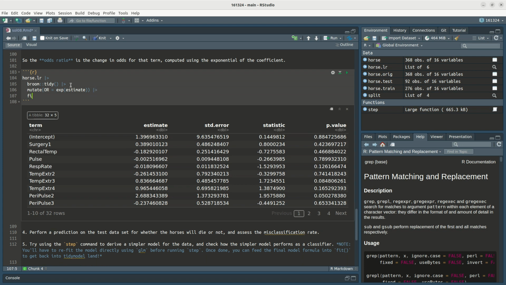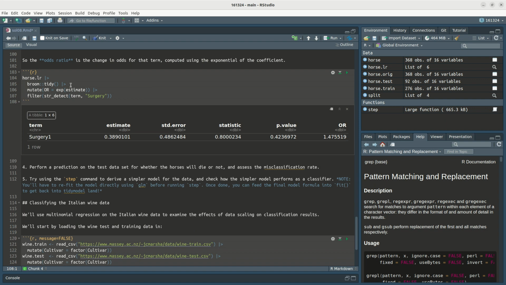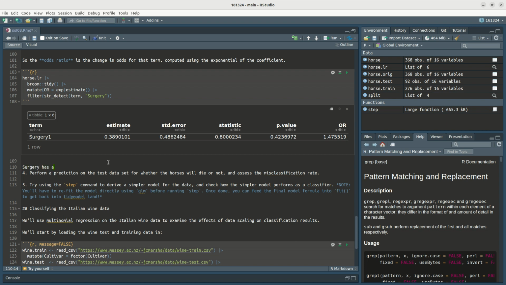And then we could filter term to surgery 1, or perhaps find surgery, and then we can see the odds ratio there. So surgery has an odds ratio of 1.48.